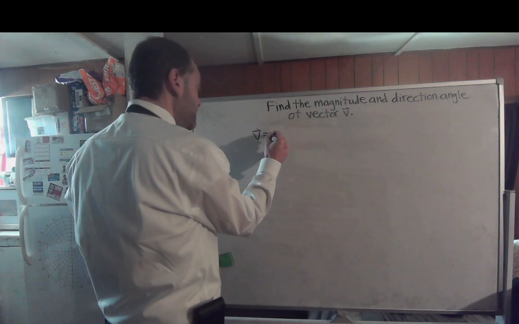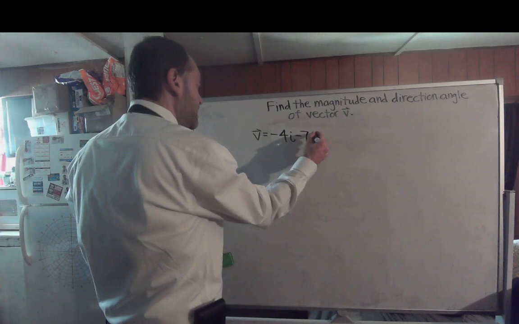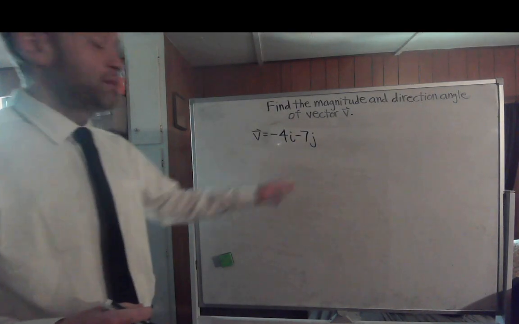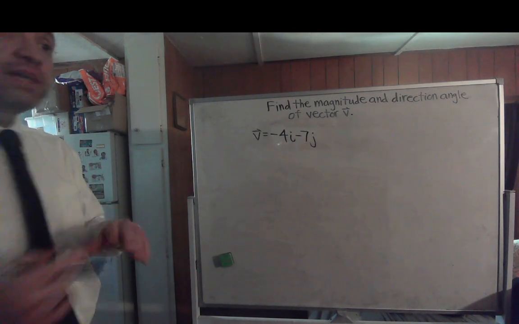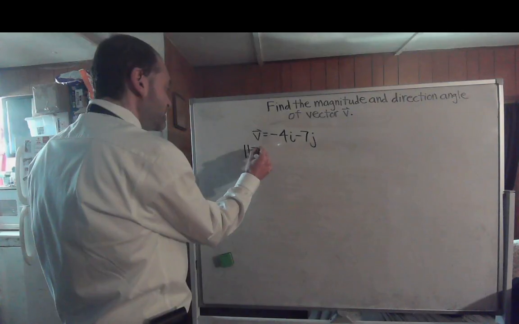Alright, so vector v is equal to -4i minus 7j. Probably best if we find the magnitude first, right? That's going to be the easiest.